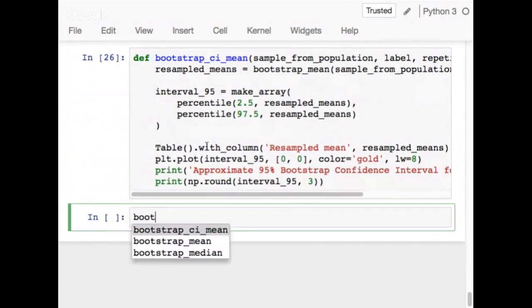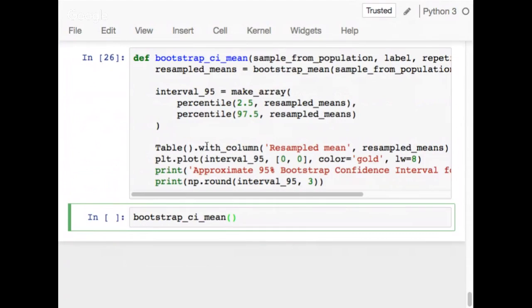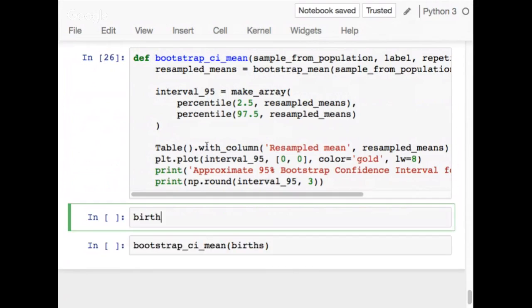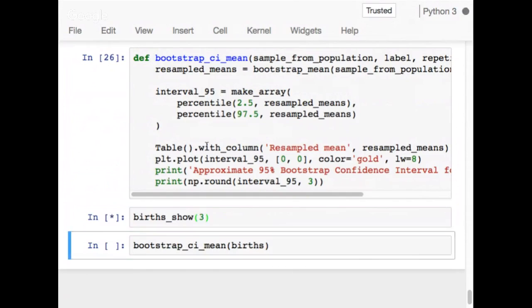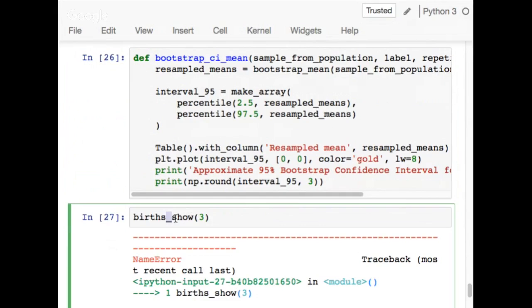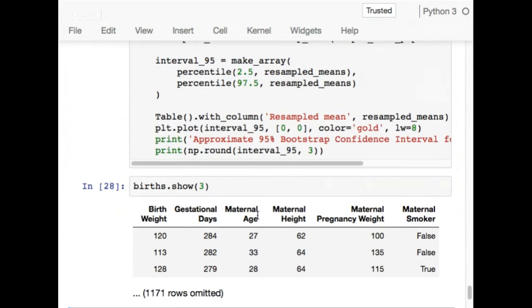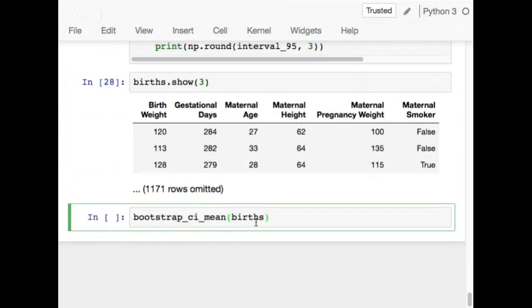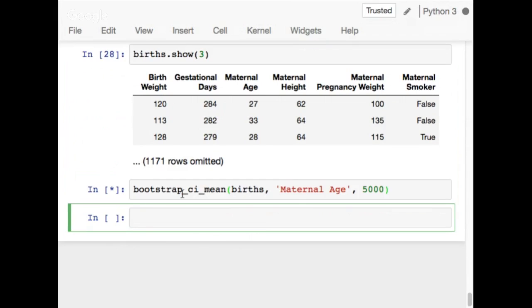So here is a bootstrap of the maternal age, because that was a question. Take my births table, which looks like this. Births.show, here we go. Let's bootstrap that maternal age column. Do that 5,000 times.